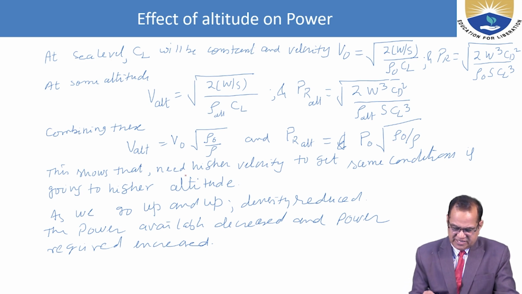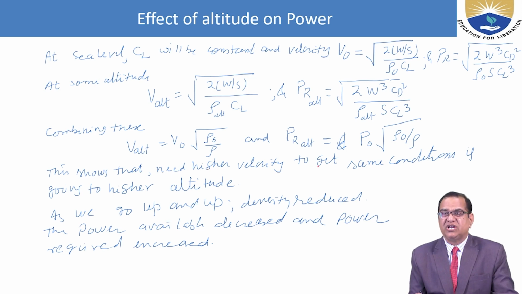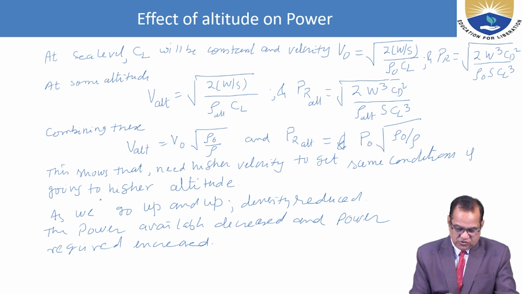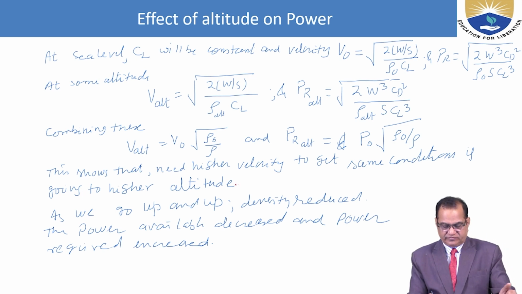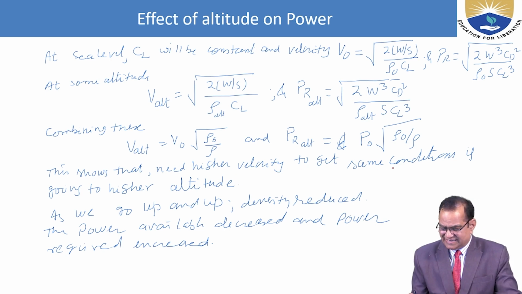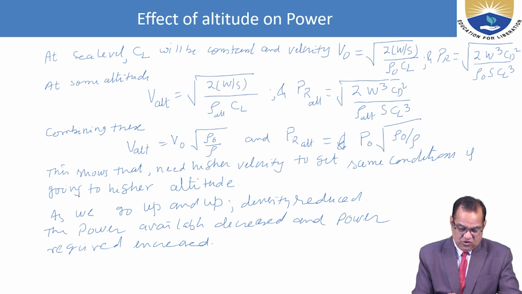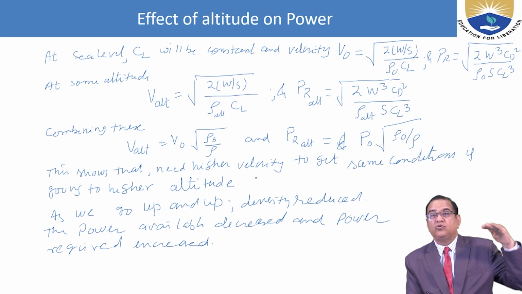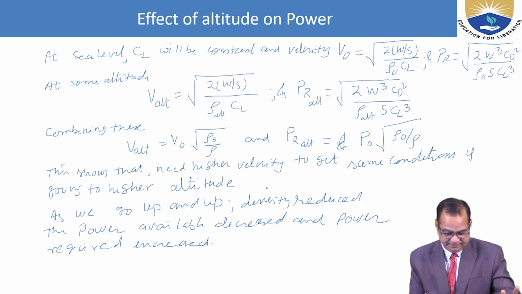This shows that we need a higher velocity to get the same condition if going to higher altitude. So if you want to fly at higher altitude, you have to fly at higher speed.